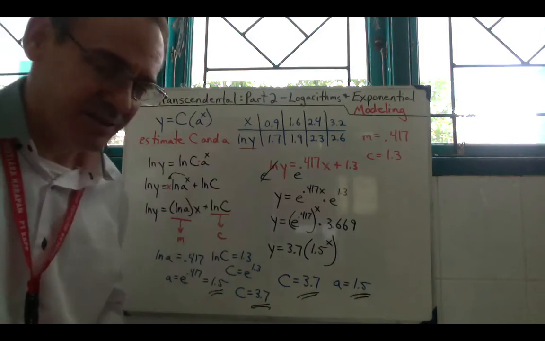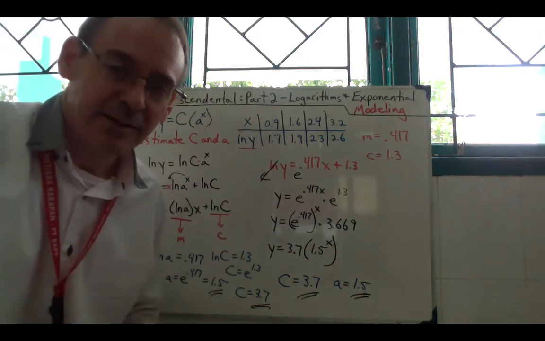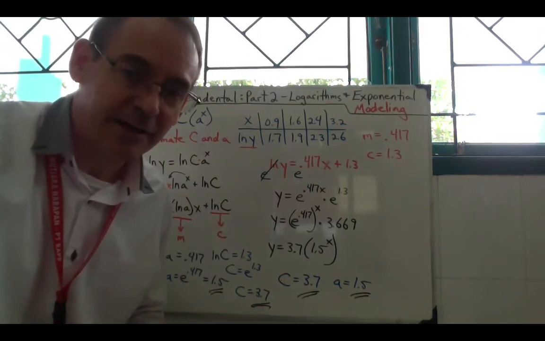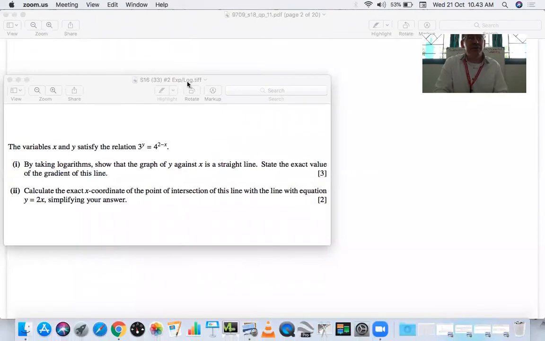And this is the first example. Let me set up for another one. Okay, let's look at our next example here. And here again, you see the code up here. The variables x and y satisfy the relation 3 raised to the y equals 4 raised to the 2 minus x.